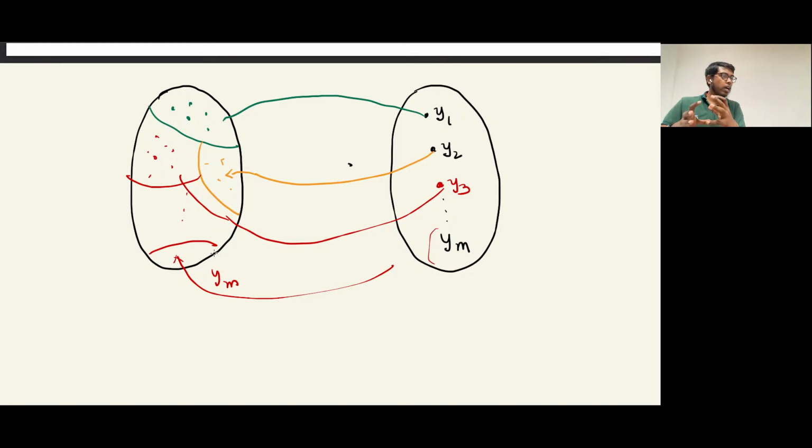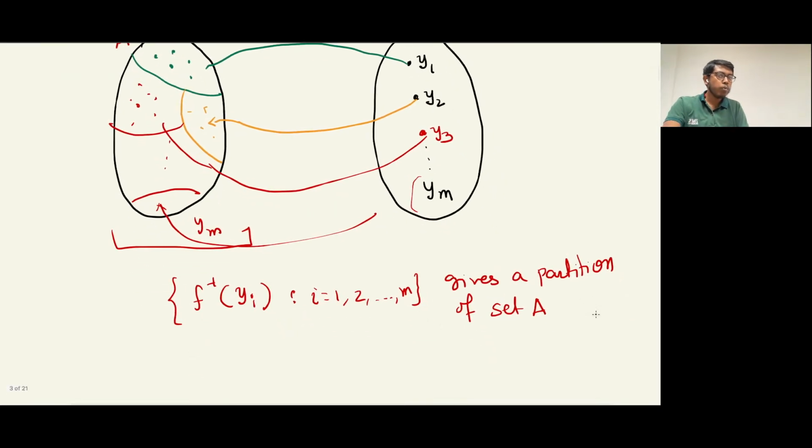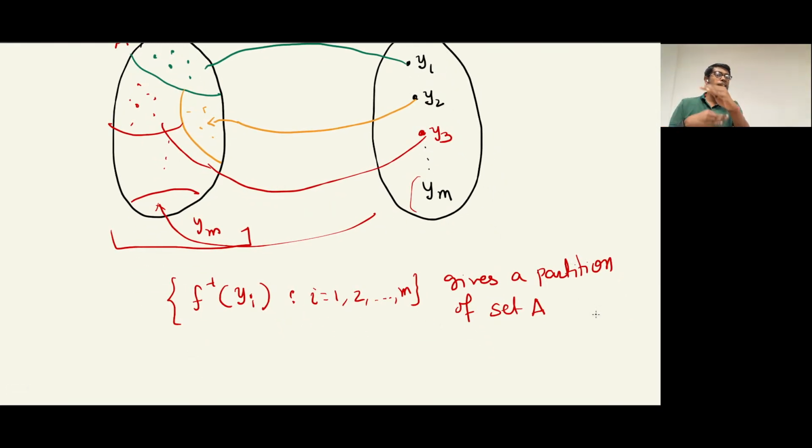So what I am getting is a partition of the set A. If the function is surjective, it gives a partition: F inverse of yi, for i equals 1 to m, gives a partition of set A, a partition of n elements.